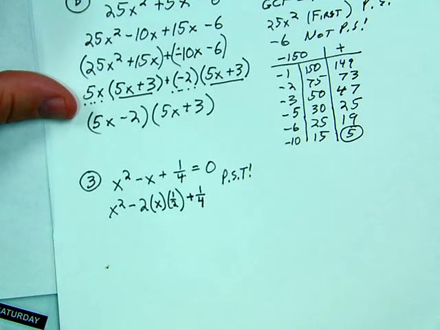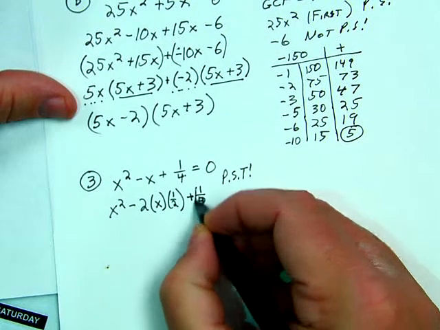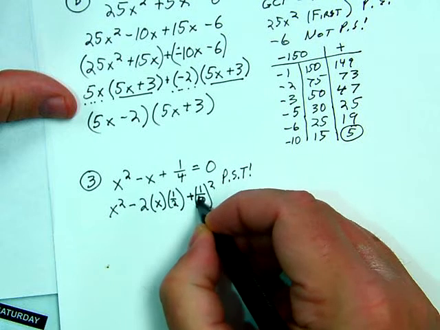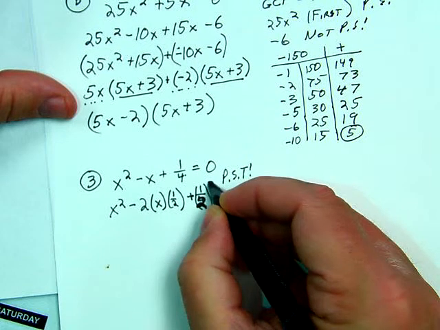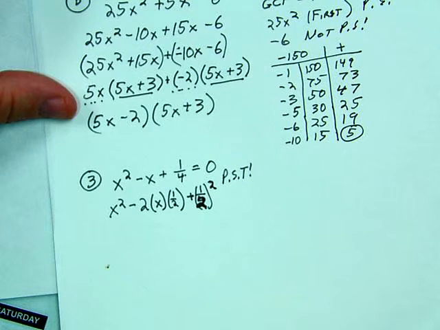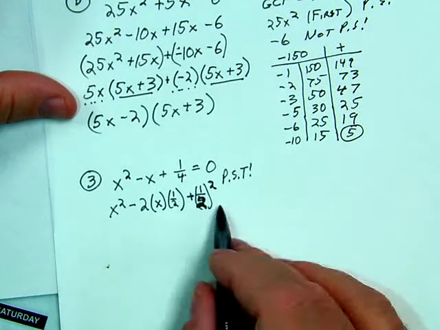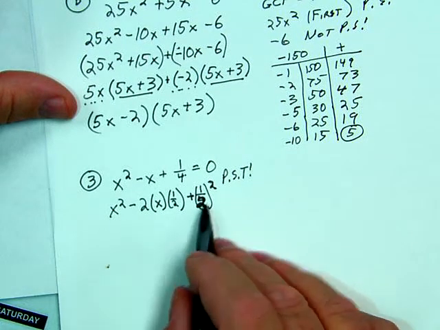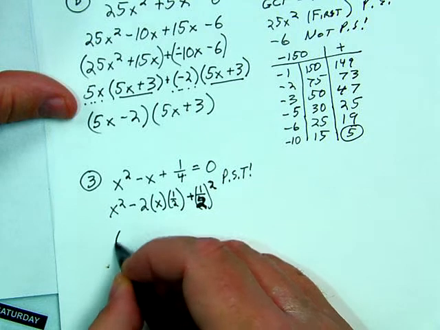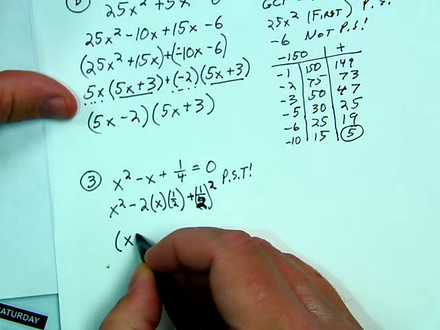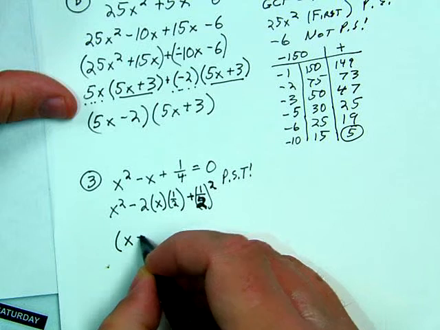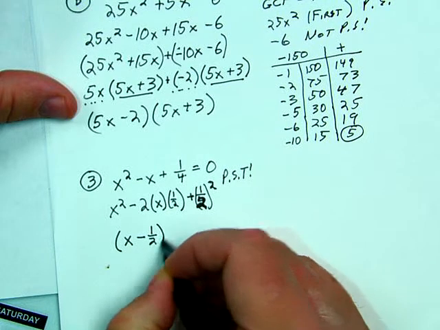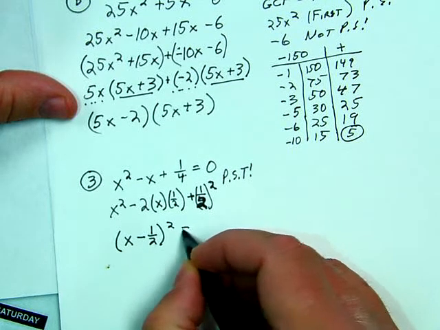Okay? And actually I could write this as 1/2 squared. Okay? Now, when I have that, I know what my terms are. Everything works out perfectly. I can immediately go to x minus 1/2, the whole thing squared, is equal to 0.